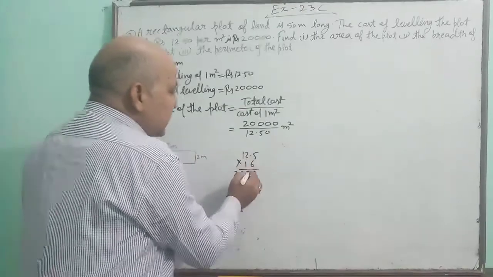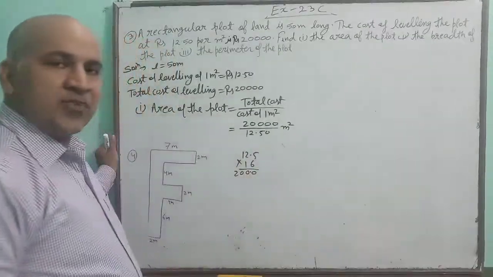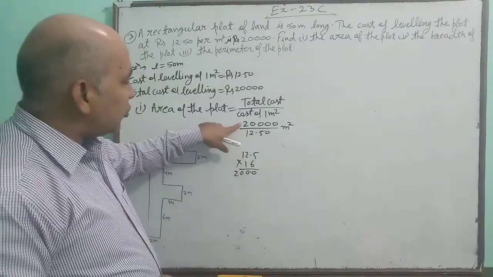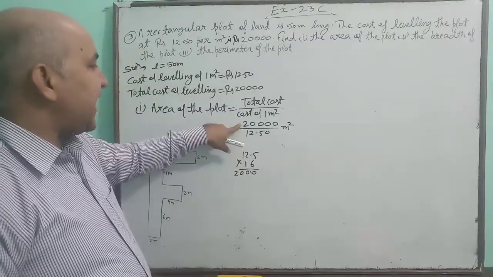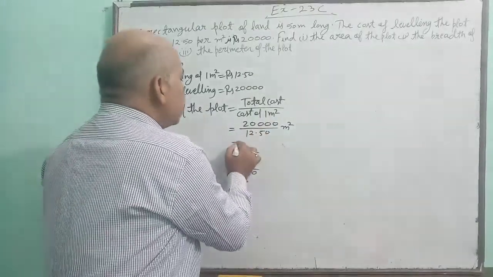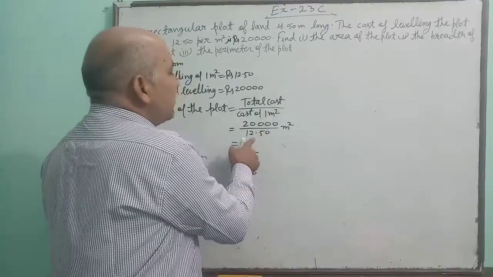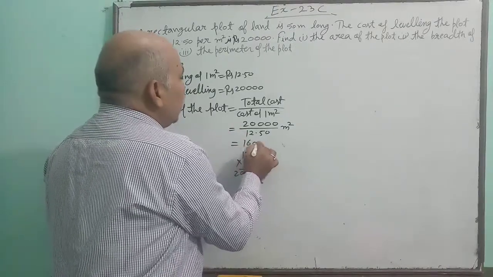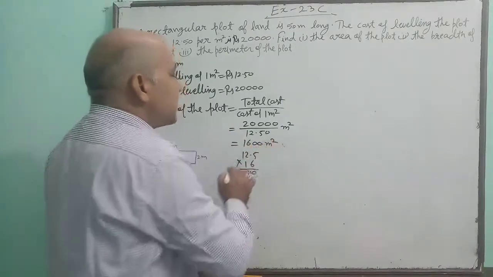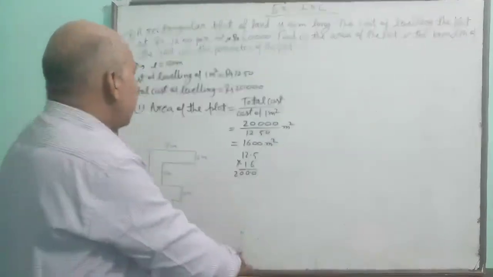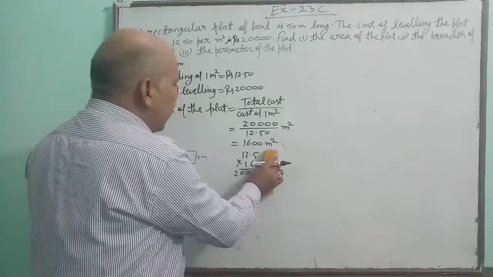So if there is a decimal here, we can put the decimal here. So 12.5 times 16 gives 200 and then 2 zeros more will remain here. It means when 20,000 is divided by 12.50, you will get 1,600 meter square. Okay, so we have got the area of the plot.